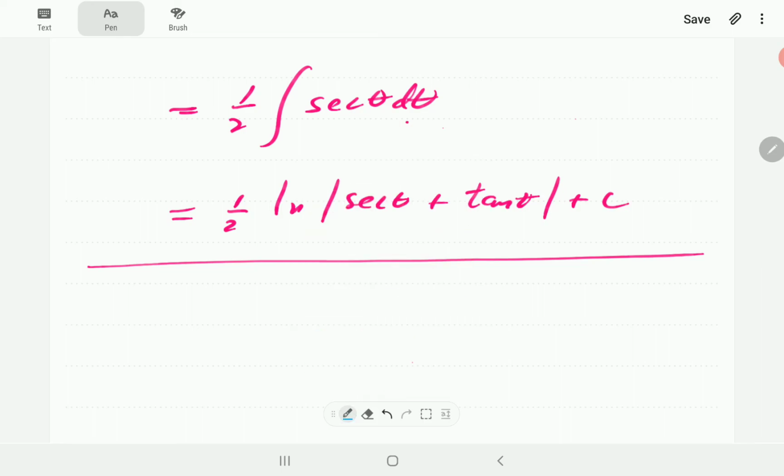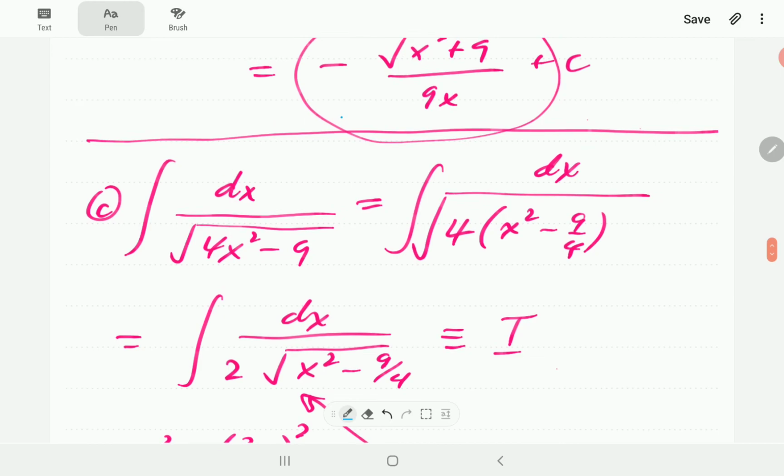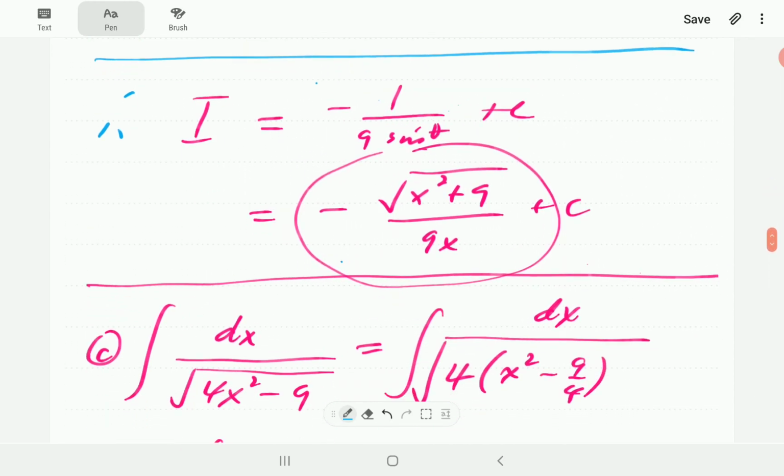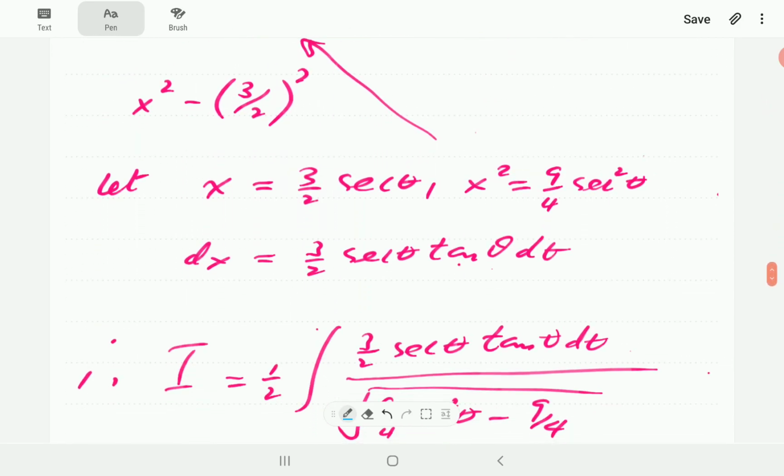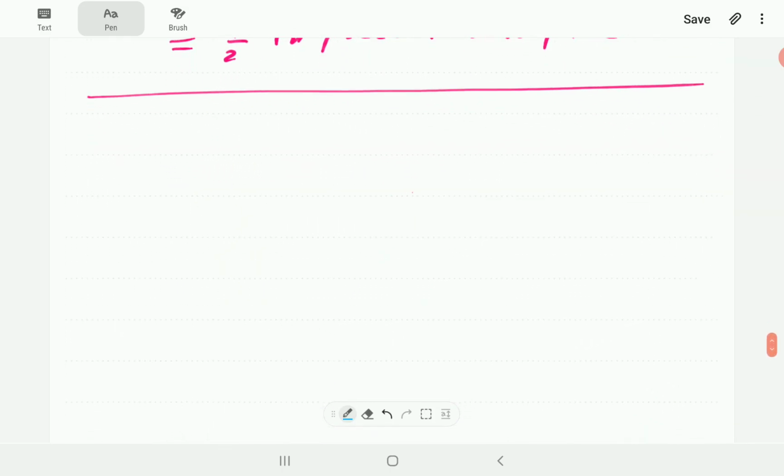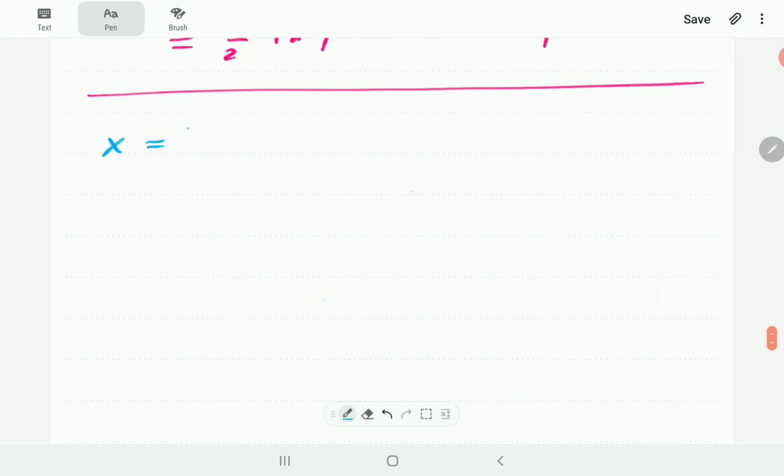So again, we go to the formula that we used to write everything in terms of theta. From there we have got x is 3/2 secant theta. Remember, secant is 1 over cosine, so this is telling us that cosine theta is 3/2x.